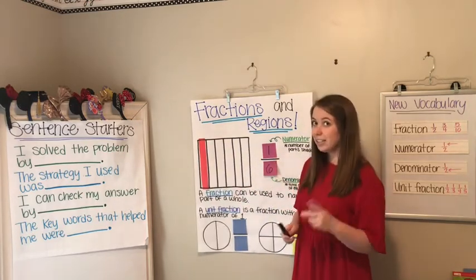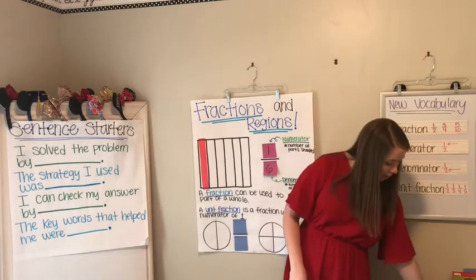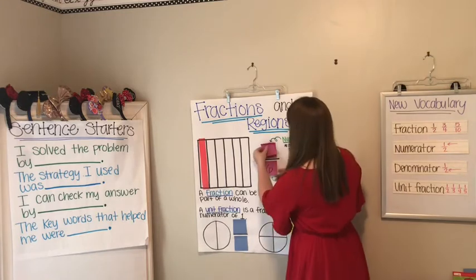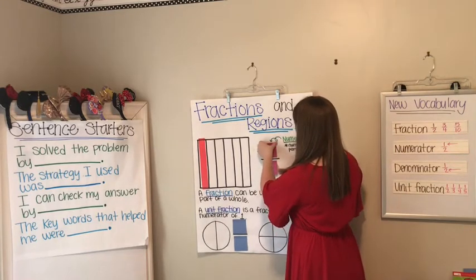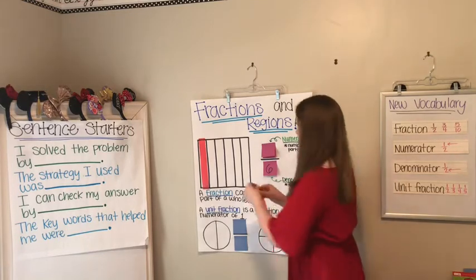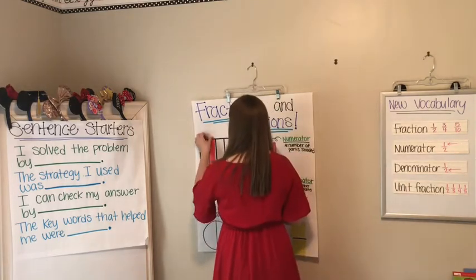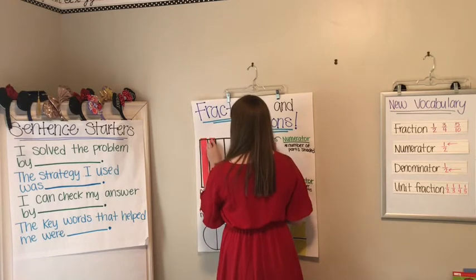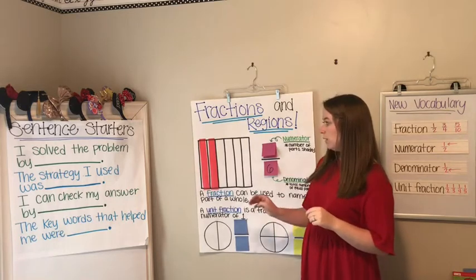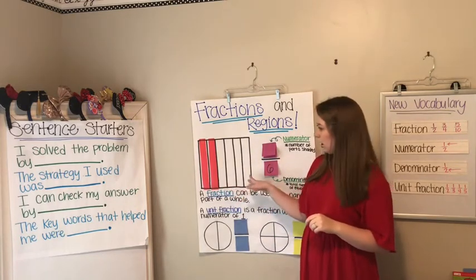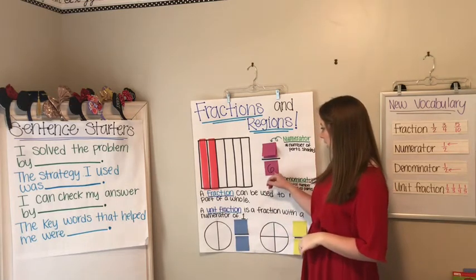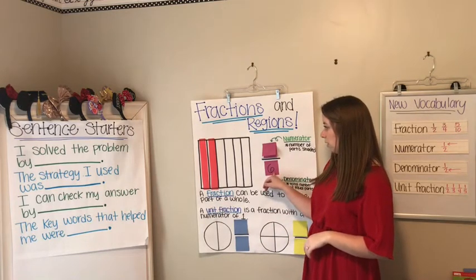All right, are you ready? Let's try another one. So I'm gonna put another sticky note on here so we can write a different one. Okay, so now I'm going to add another shaded part. All right, so now that we have a different picture, are our equal parts still the same? For sure. Yeah, it's still going to be 6 equal parts.